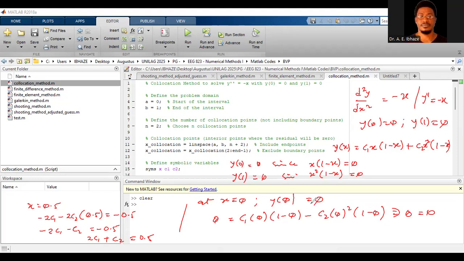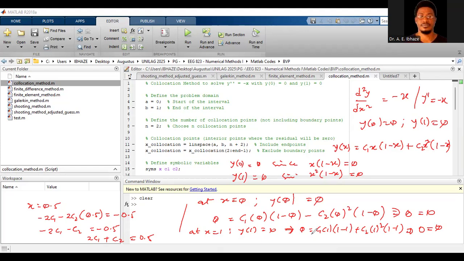Then when x is 1, for the boundary condition y(1) = 0, we also observe 0 is the same as C1 times 1(1 - 1) plus C2(1 squared)(1 - 1). Once again, 1 - 1 is 0, so 0 equals 0, which is equally trivially satisfied.